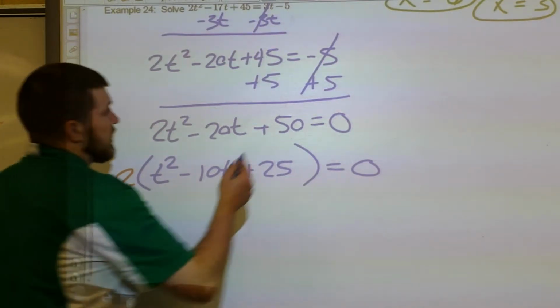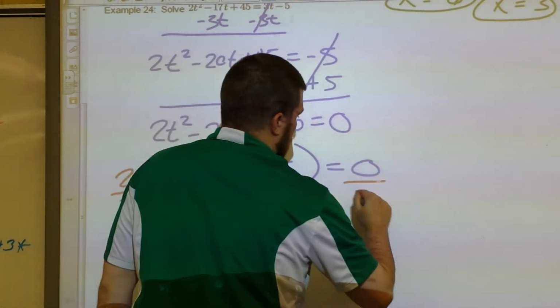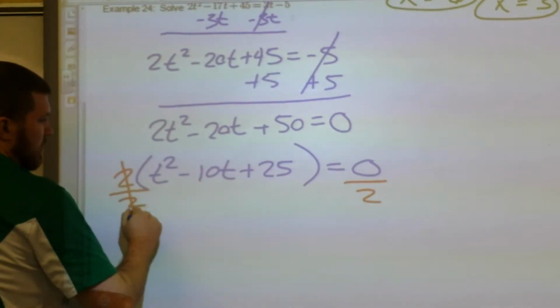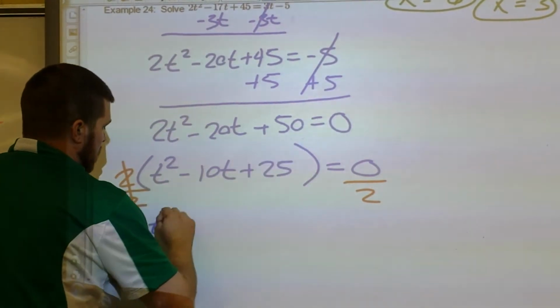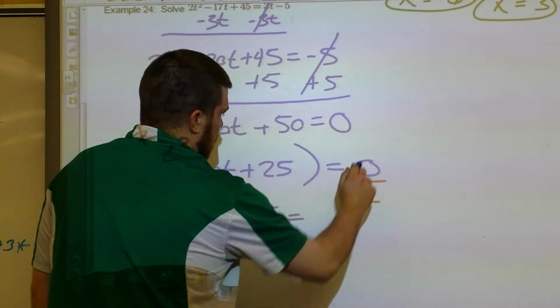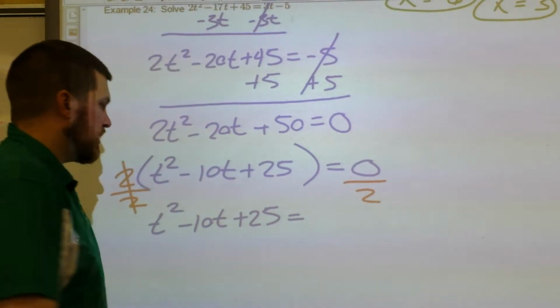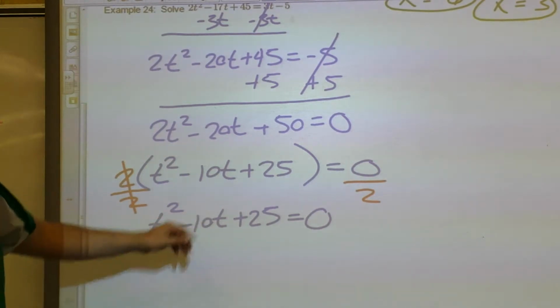Now, to get rid of that 2 in front, I'm going to divide by 2. It cancels out here, and I'm still left with t squared minus 10t plus 25. Now, 0 divided by anything is 0. Alright, so now my problem looks a little bit easier.